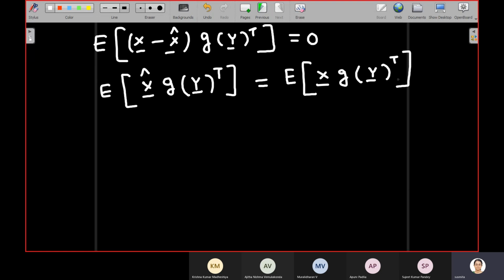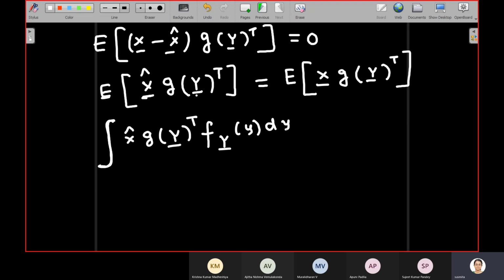Okay. Now, since we have applied the expectation operator, we need to do integration. We know that x hat is a function of y. So here the only random variable we need to consider is y. And this is a multi-dimensional integration, although I am putting just one sign. y is a vector.